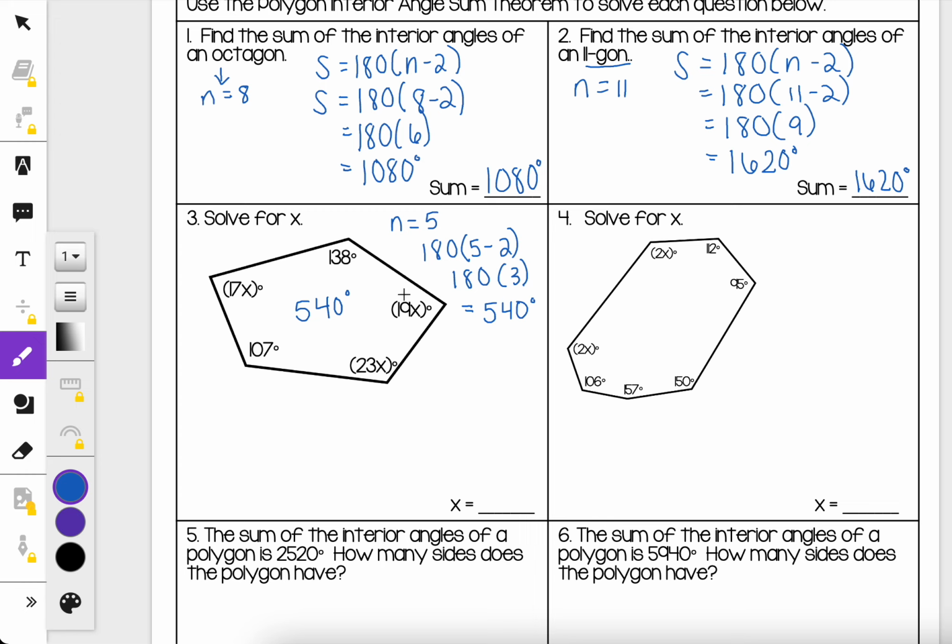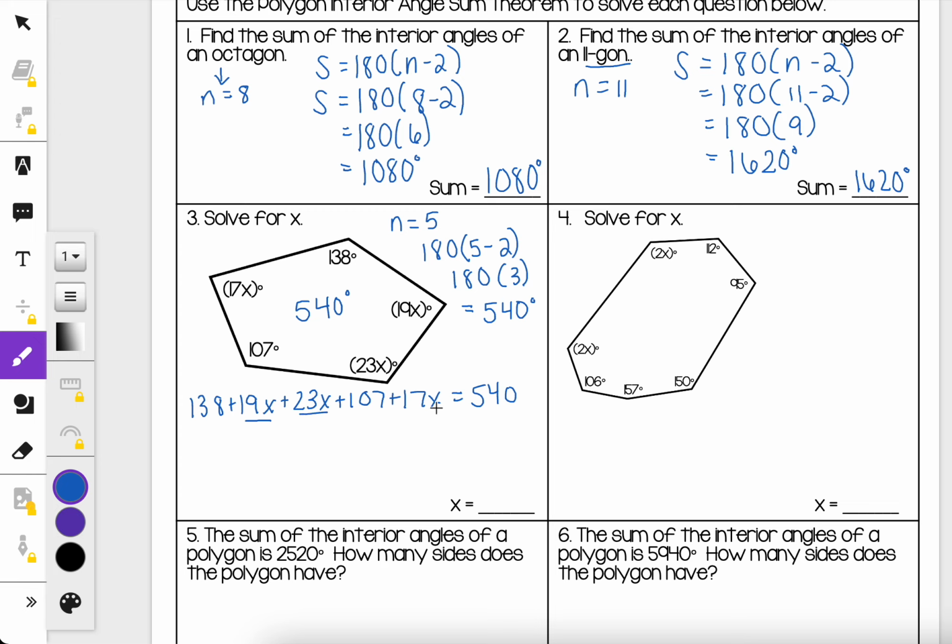Okay? Now I can take each one of these angles, so 138 plus 19x plus 23x plus 107 plus 17x, and set that equal to 540. I'm going to combine like terms.